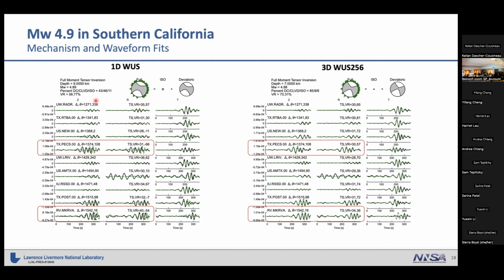In this case, we see the double couple went from 43% to 85%, which is a positive result. This is also looking at full waveform, and it's not introducing spurious isotropic events. Even though it's a 3D model, it's still a model, so we're always looking at whether it's going to impact the non-double couple part for an earthquake.